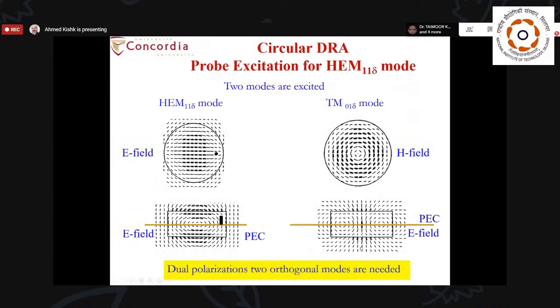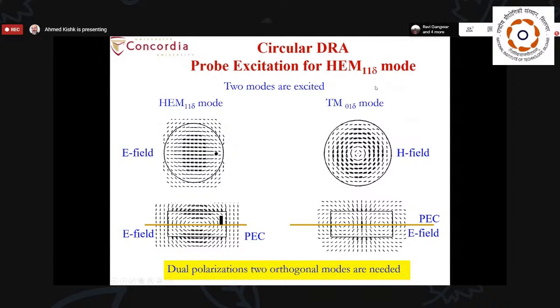For dielectric resonators, as we mentioned before, you have to know what the field distribution is in order to know how to couple to it. So for example, for the HE11 mode, this is the field distribution that I can excite with a probe in this direction. But I can come with another probe over here, so it will give me another polarization in this direction.